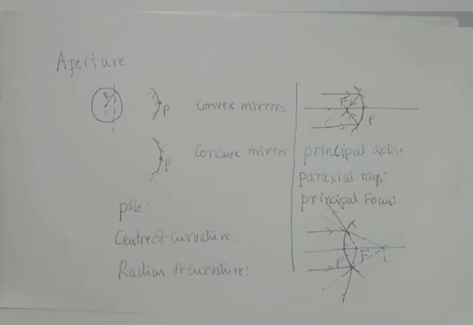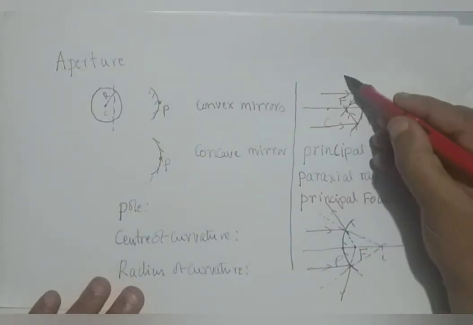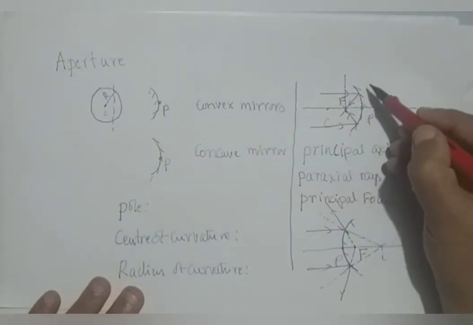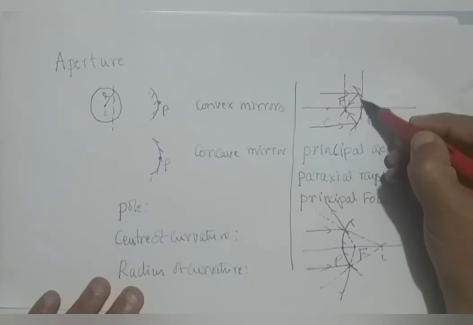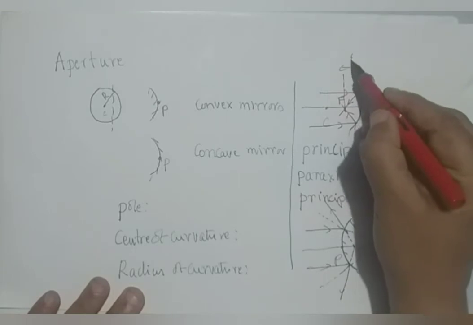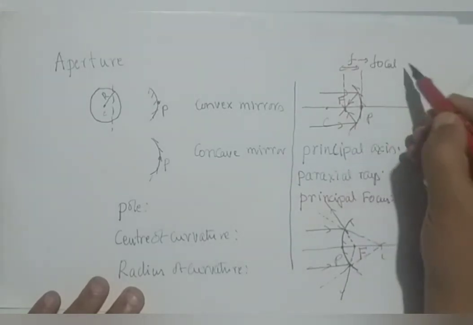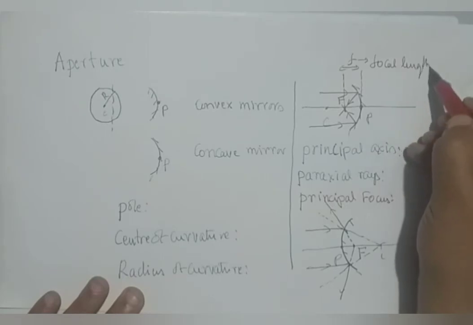we want to concentrate on two more definitions and then the derivation. What are the two more definitions? Just observe here. The distance between the principal focus and the pole is what we denote as f, and it is called the focal length.